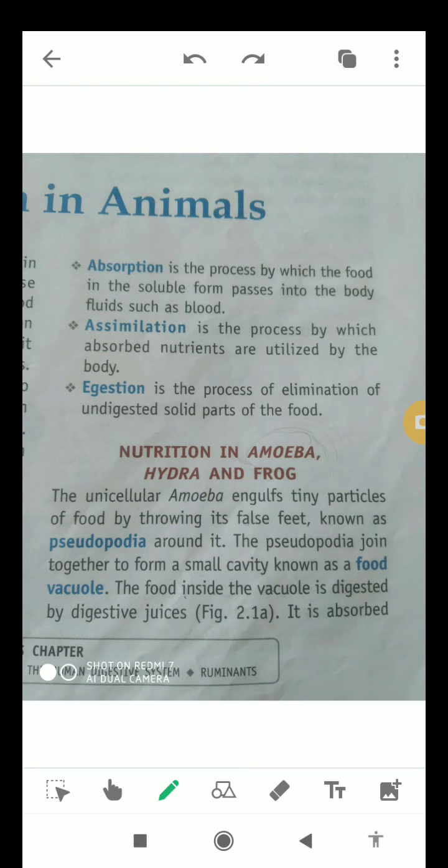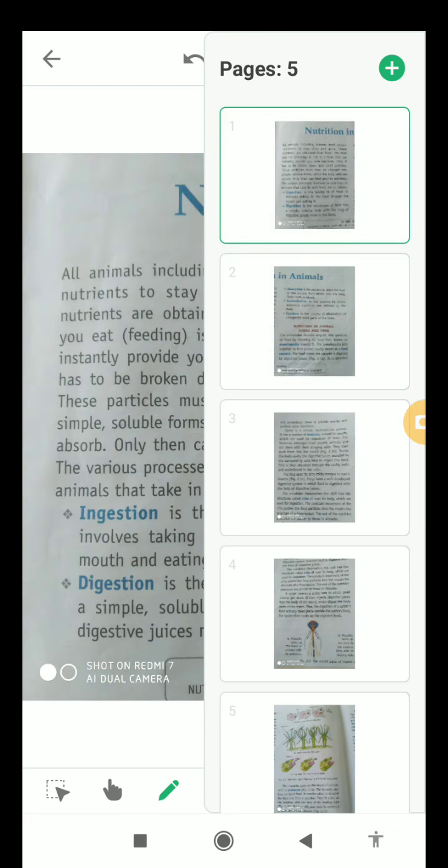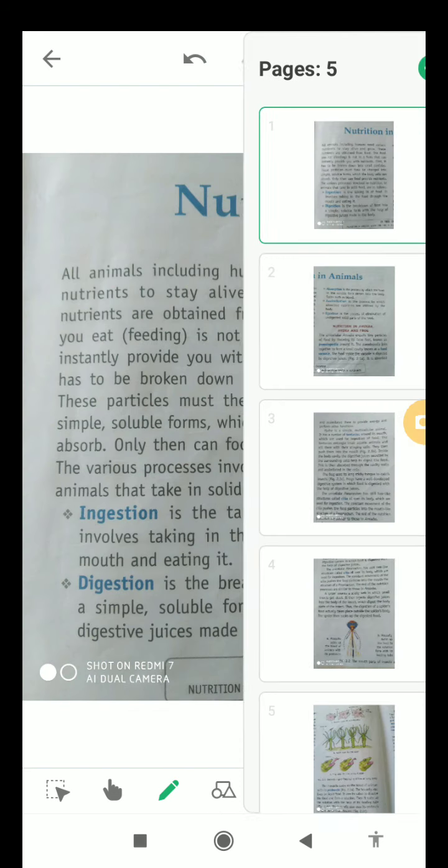So now we can utilize these nutrients like proteins, fats, vitamins, minerals, and carbohydrates. The last step is known as egestion. This is the last step of the nutrition process. This is the step in which we remove the undigested solid part of the food. Okay students, so this was the description about nutrition and the various processes involved in it.